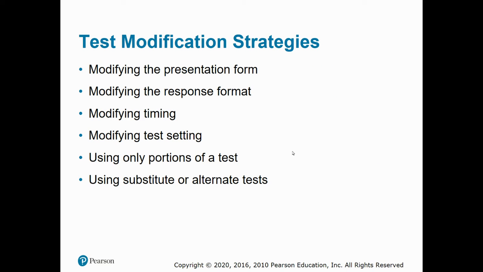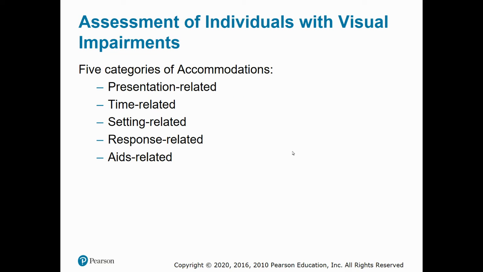And some of those strategies could include the presentation format, the response format, the timing by extending the time, the test setting, certain portions of a test, or using substitute or alternative tests.